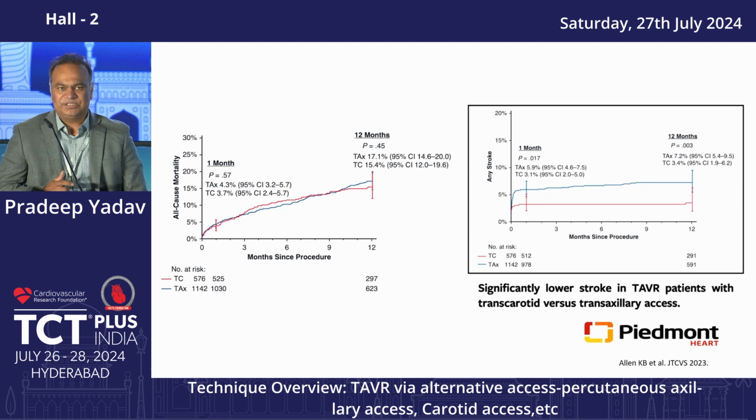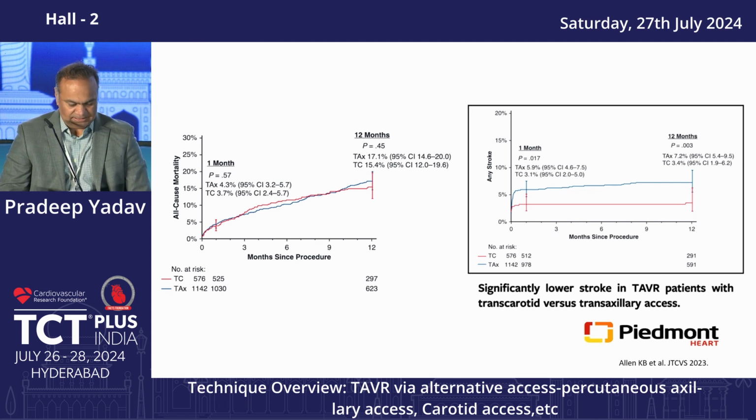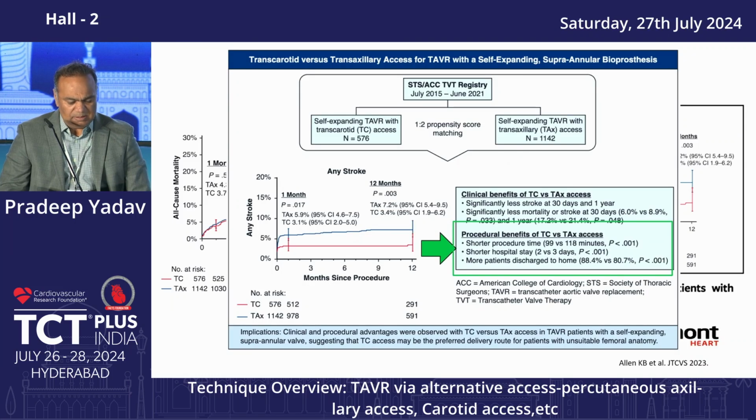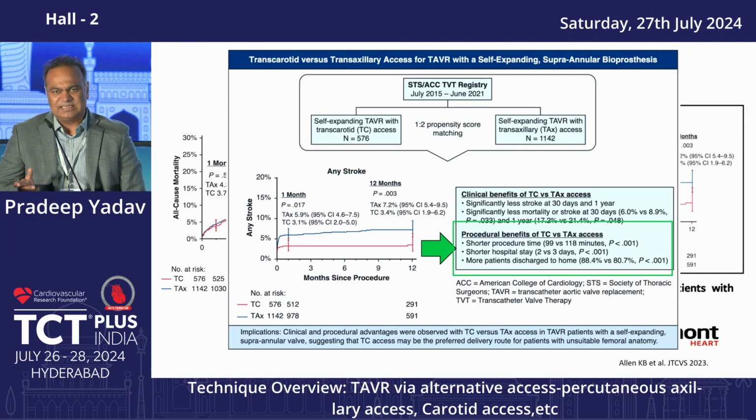What we saw in registry, TVT registry, was that axillary cases were having higher risk of stroke, something counterintuitive. Carotid was basically acting as a filter, right? You have a big sheath in, so that side is protected for embolic protection for debris anyways. So procedural benefit is more or less the same.